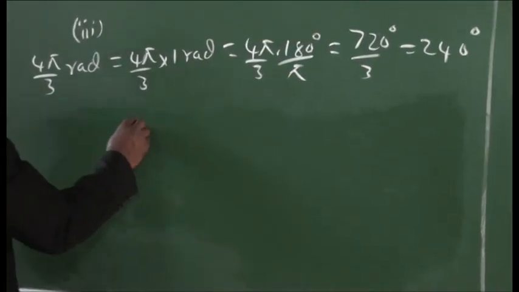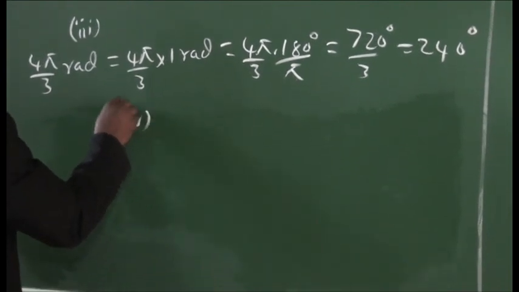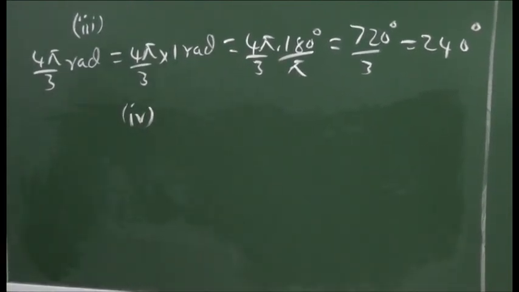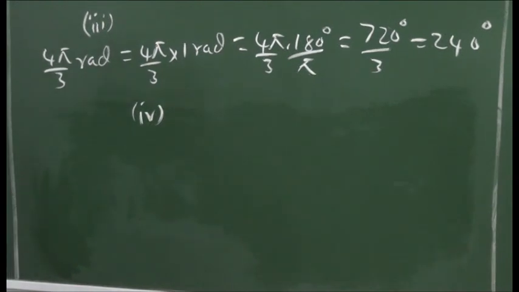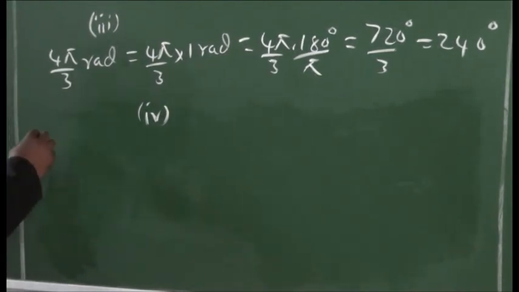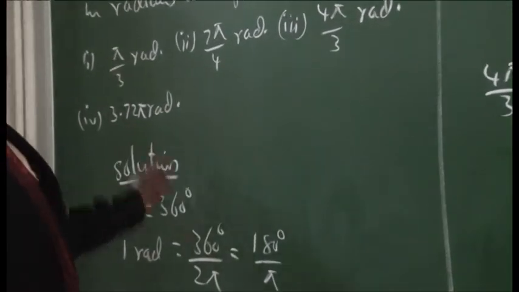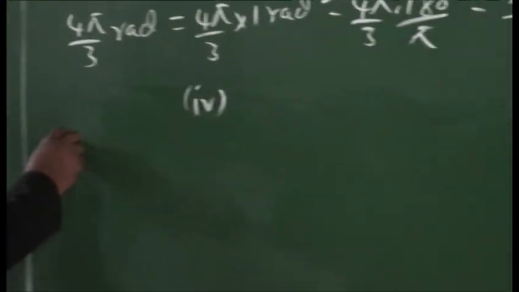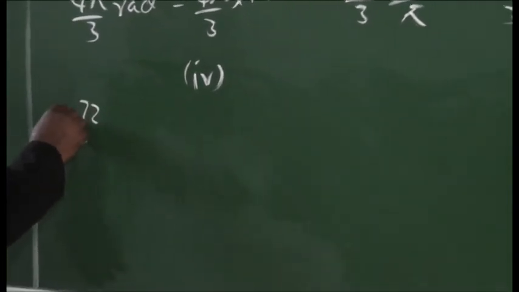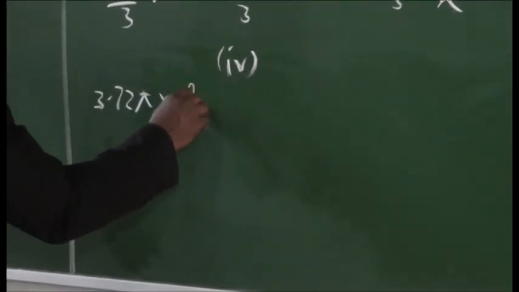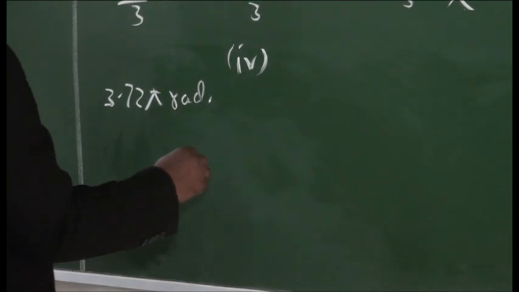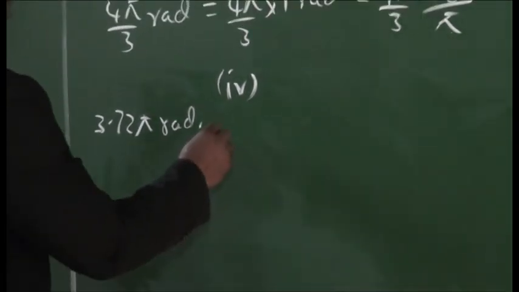All right, number 4, that is IV. We want to convert 3.72 pi radians to degrees.